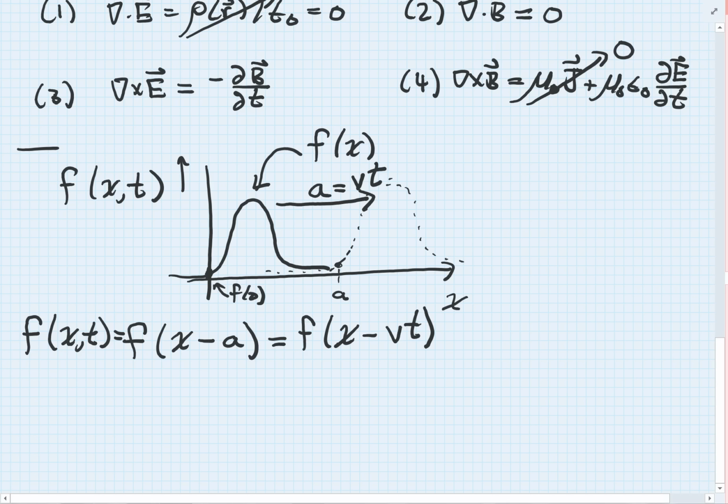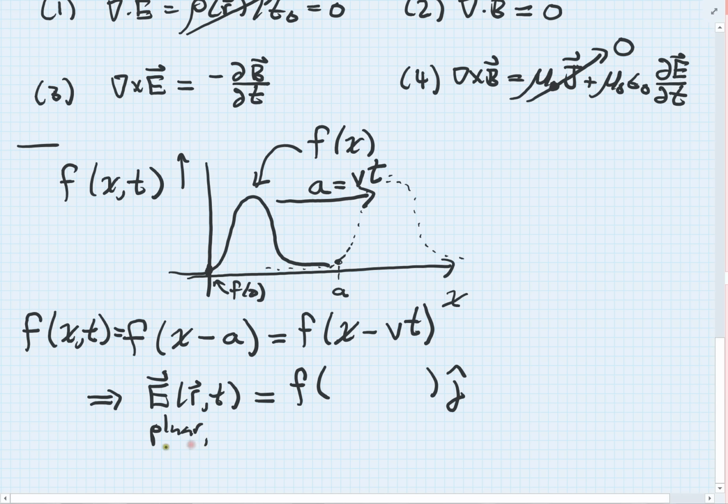So, putting this all together, my new form for my general electric field at any location and time t, when I've chosen this planar case, tells me that it's just some function times j hat.